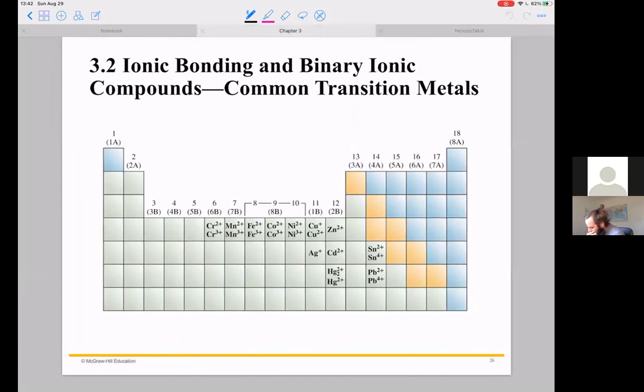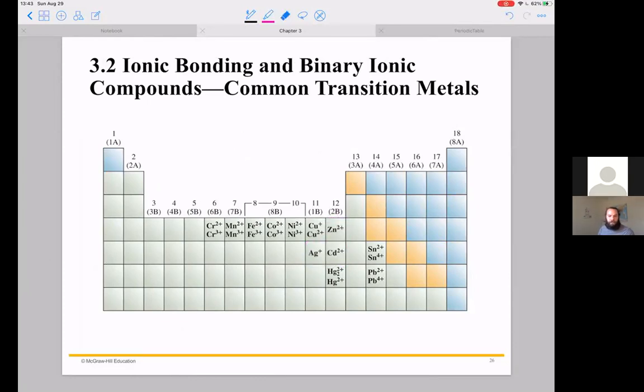So that makes it sound more complicated. Again, this is just a good picture of all the different possibilities that we have here, and these are just a small sample to illustrate that there are some differences. I will point out that these right here, silver, cadmium, and zinc, are considered to be type 1. There's only 1 naturally occurring ion. I don't really care if you memorize that in my class.